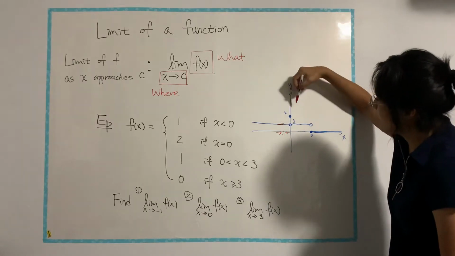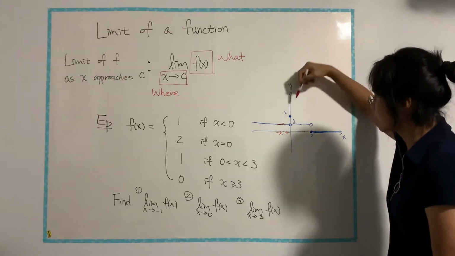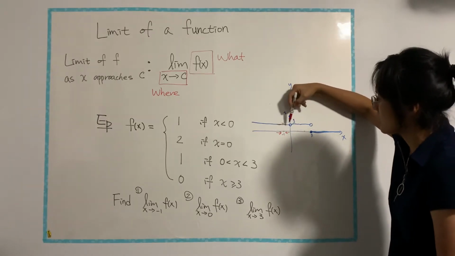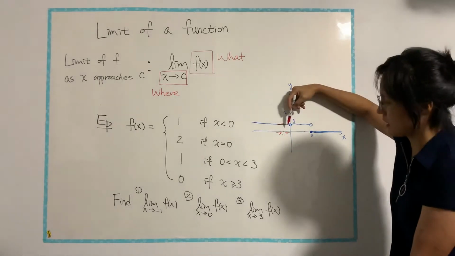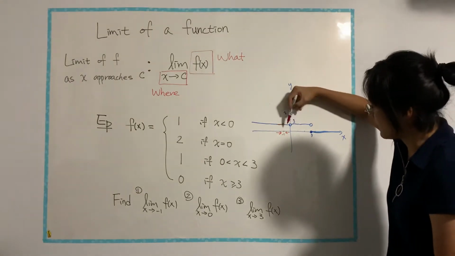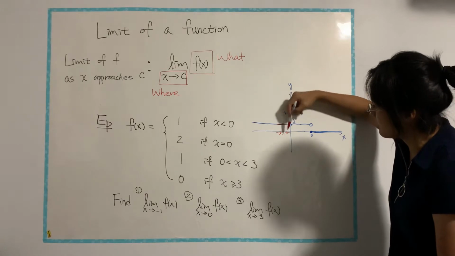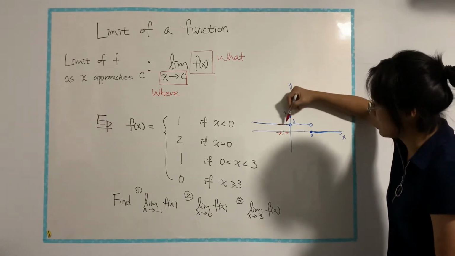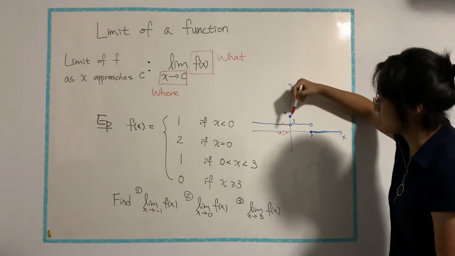I don't care what happens over here because they are very far away from minus 1. Eventually, what I only care about is when the x value is very close to minus 1. So I don't care about the part that's far. I only care about the neighborhood of minus 1. So when x is over here, the y value is 1. When x is over here, it's still 1.